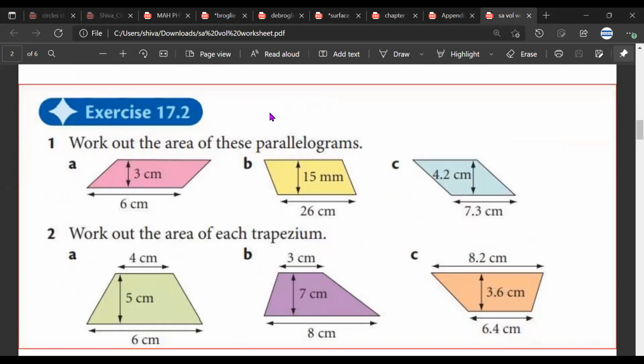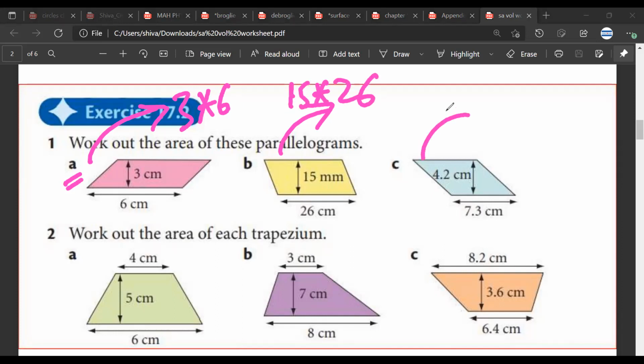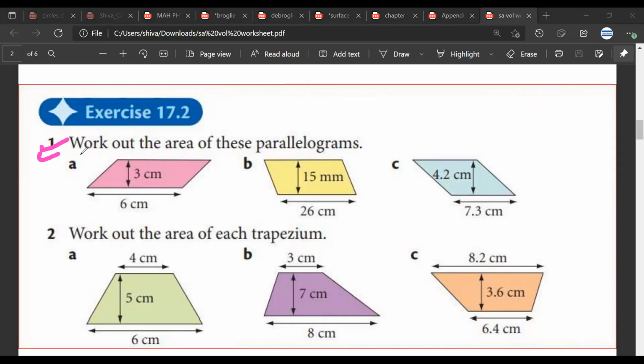Just tell me how will we solve these problems. Mr. Satya, 15 into 26. Mr. Sarthak, 4.2 into 7. Okay. So parallelogram is simple.